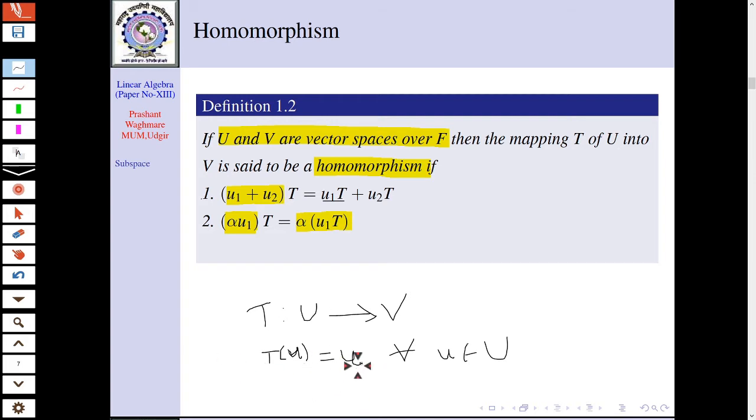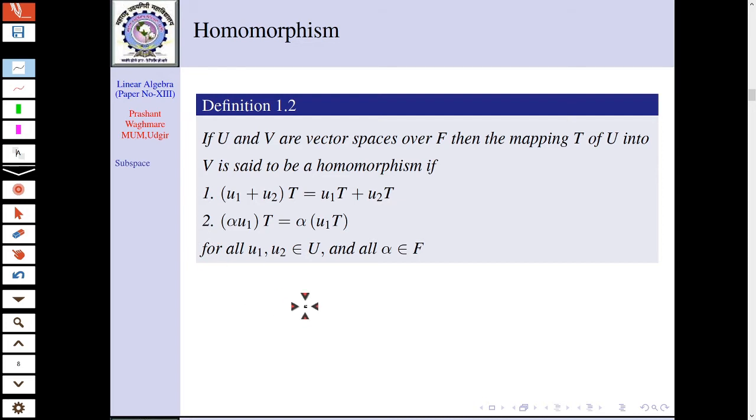Whatever the input is, input and output are both the same. This kind of mapping is known as identity mapping, and it is clearly a homomorphism of vector spaces. But the thing here is that U has to be equal to V, then and only then can you define the identity mapping. Okay, right. So let's go ahead.